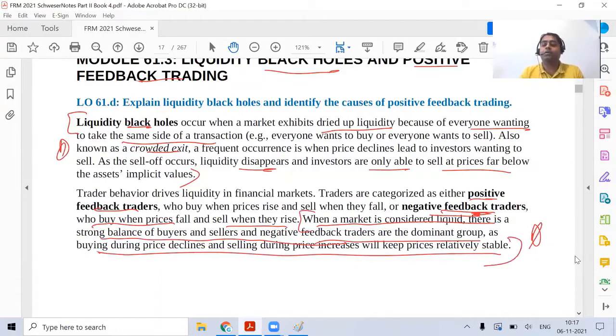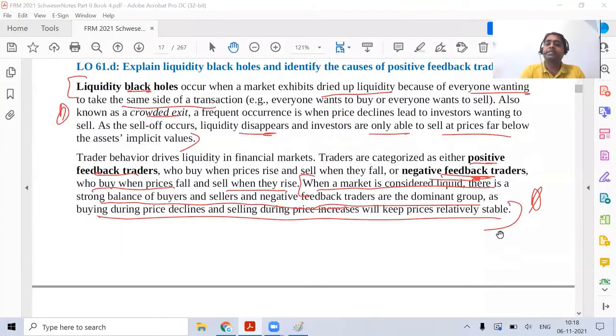This line is important. Read those last three lines. So what they're saying is that buying during price decline and selling during price increase will keep price stable.